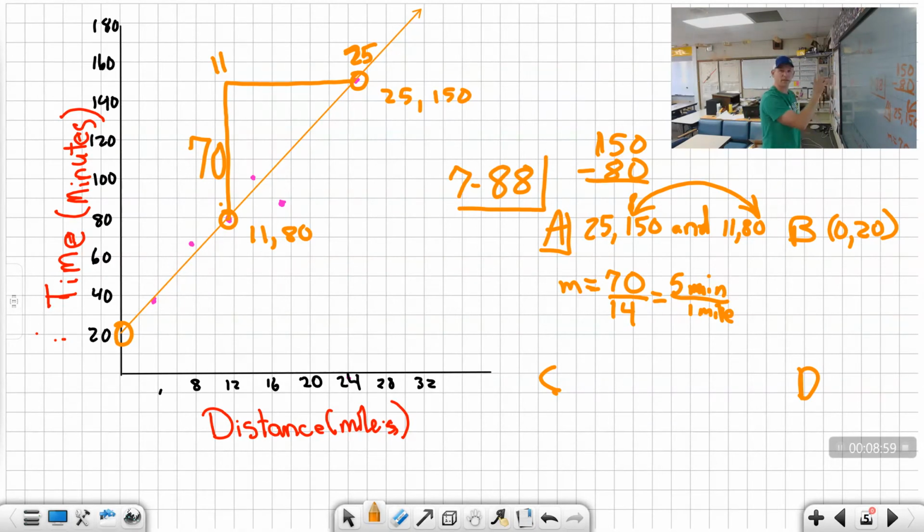And when Aurelia is going for a bike ride, she rides, but she takes some breaks, right? She must have just gone up this really big hill, and she got to the top of the hill, and she's like, oh, I'm going to take a break. And when you take a break, time is going, but distance is not. Okay?